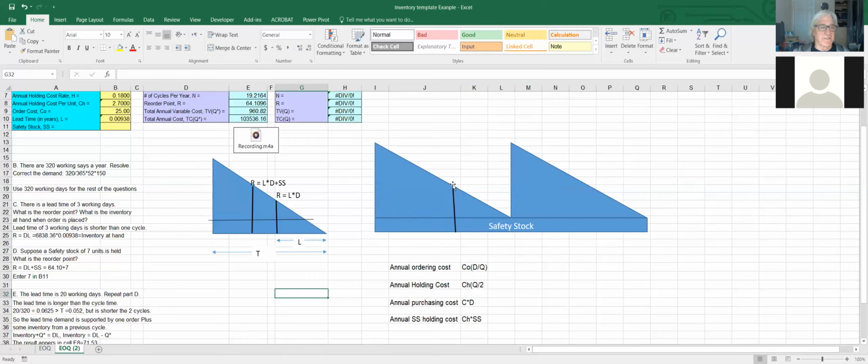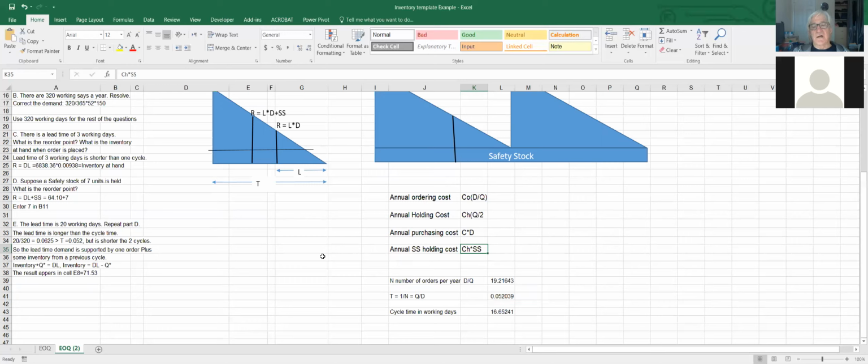Of course, when you add safety stock, you have to add the holding cost of the safety stock to the previous costs. And the way to calculate it is CH, the unit holding cost per year, times the safety stock level. Okay.